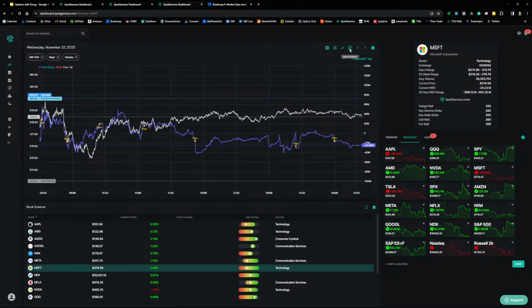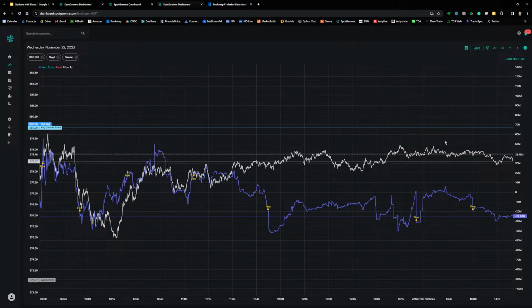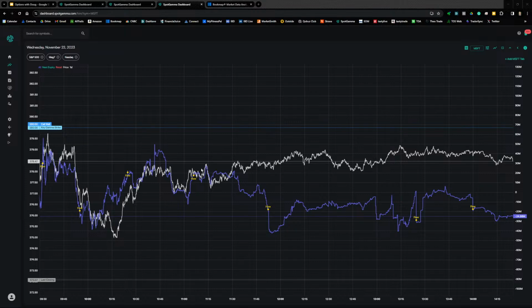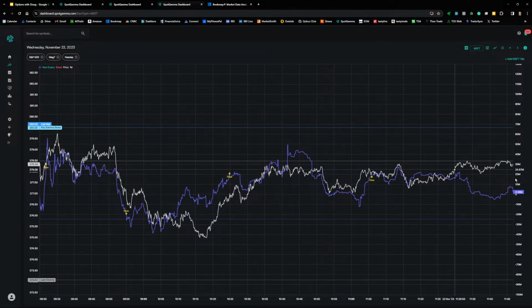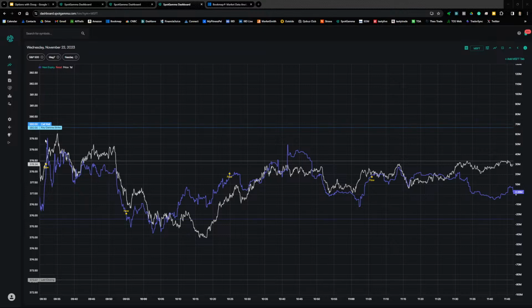So kind of an up and down day in Microsoft. Note the 380 call wall above. In the morning, traders, after a few minutes, started taking negative delta positions, setting up a divergent short here right around 9:50.